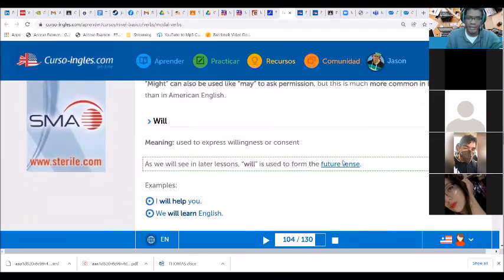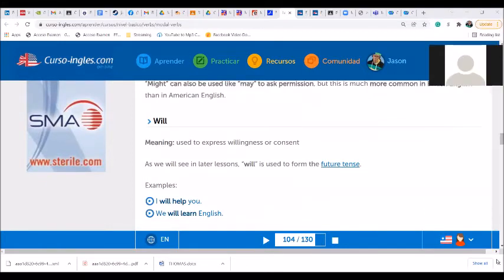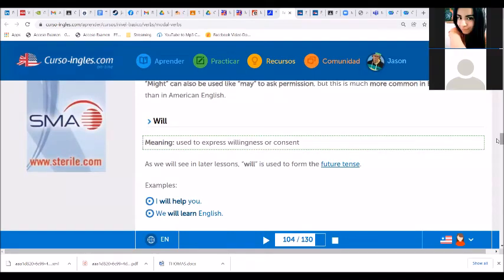Now, what if you're talking about your action, what you will do next? We use will. Help us here, Michelle. Will. Use the expression willingness or consent as we see in the letter sentence. Will is used to form the future tense.